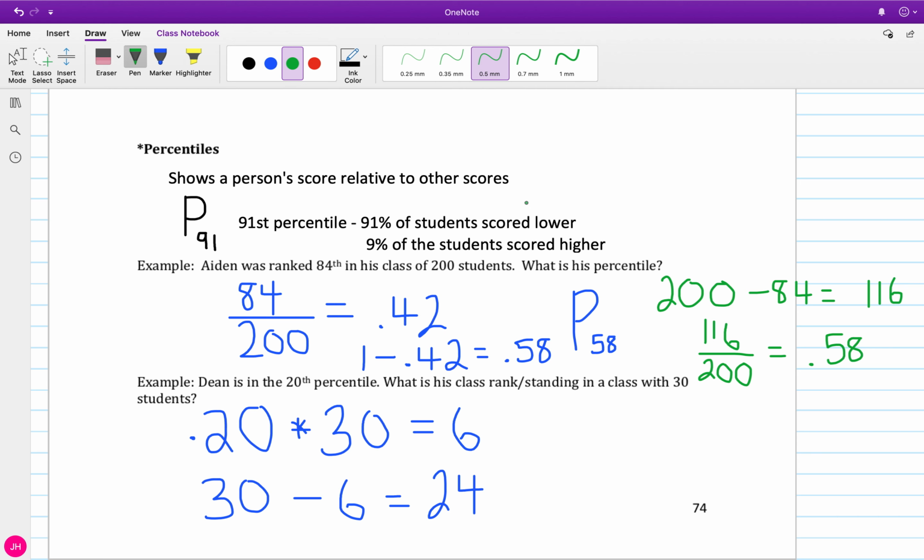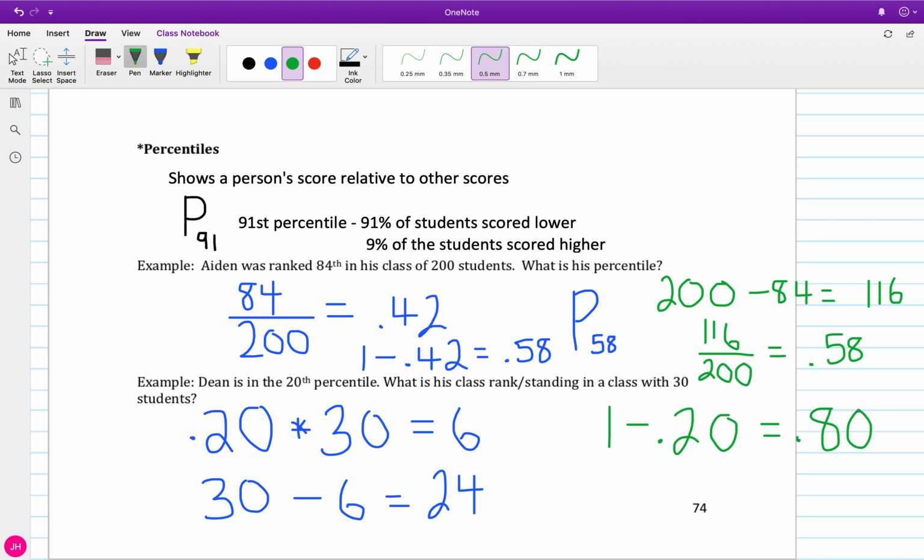Same sort of work or same problem, slightly different work here. If I didn't want to go ahead and do my multiplication, I could subtract first. So I could subtract 1 minus my 20%. Again, since I'm using the percent, I've got to use 1. Do my subtracting, and that's going to give me 80%.